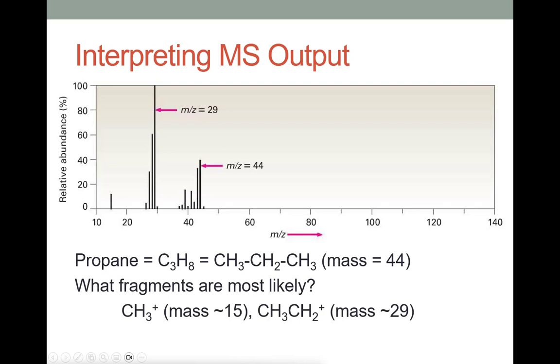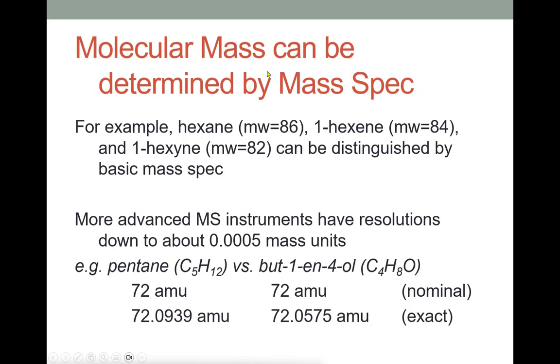The other part to say here is that while we are thinking about doing this by hand or by eye, we can certainly distinguish some molecules from one another when they're relatively simple. But technology has evolved to the point that we can get down to very, very small mass units.